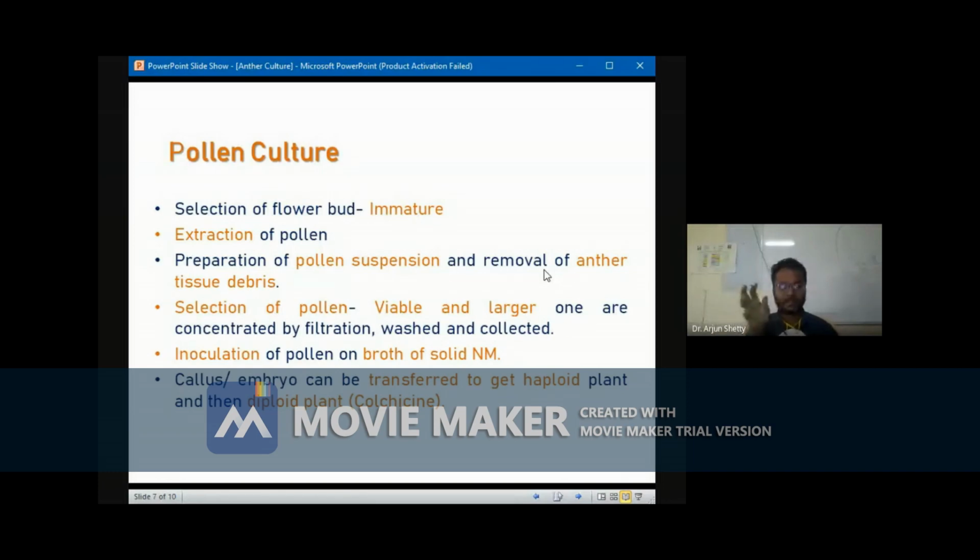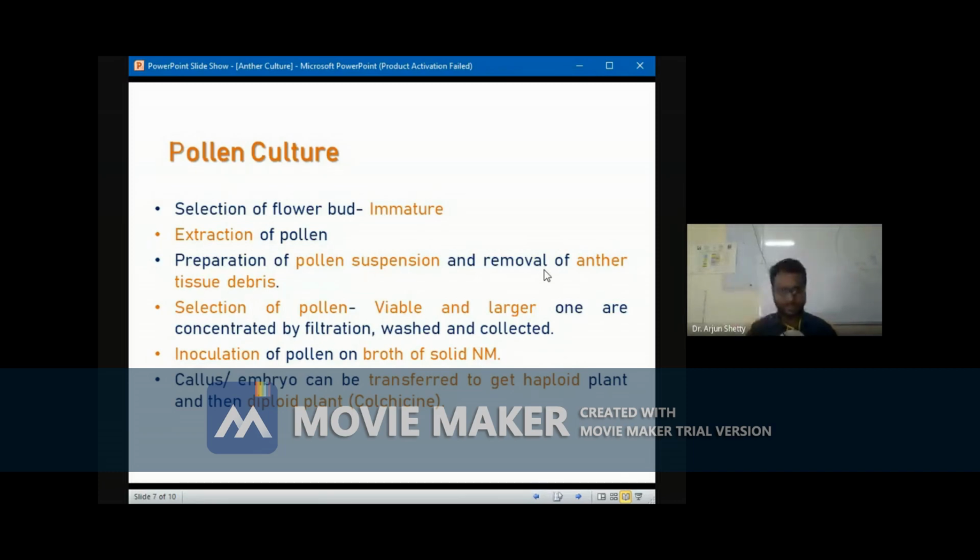When we put the pollen grains in a suspension, you need to remove all the anther tissue debris, that is, the anther walls, epidermis, tapetum, and other debris tissues, and only the pure pollen suspension should be retained.